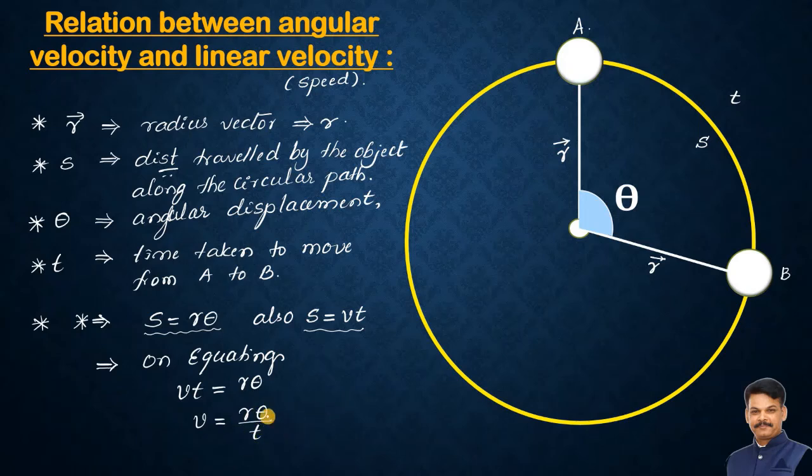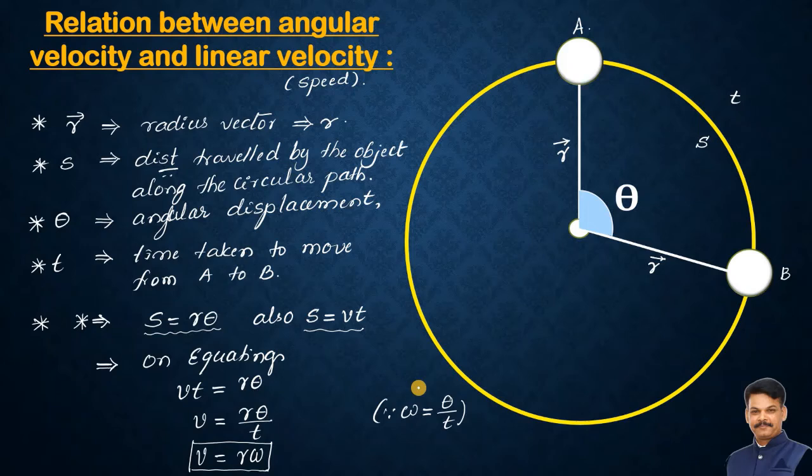Now, we already know that theta divided by t is nothing but angular velocity, which is given by the symbol omega. So, in place of theta by t, I can write the angular velocity, then it will be v is equal to r omega.